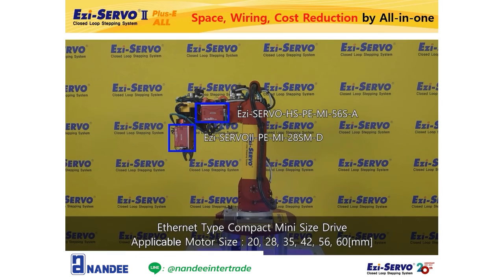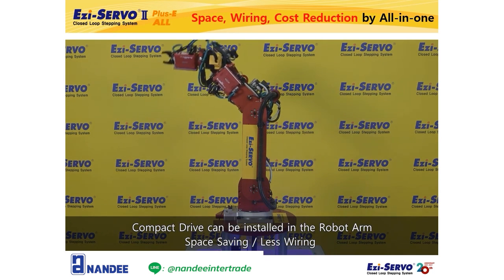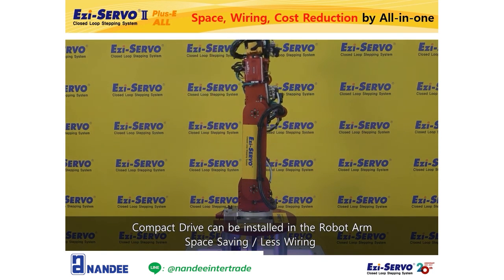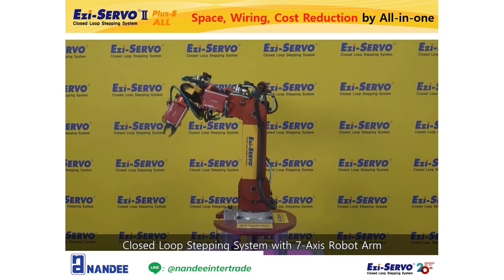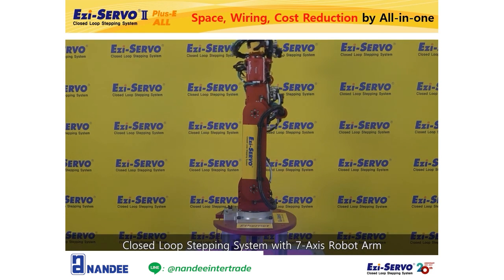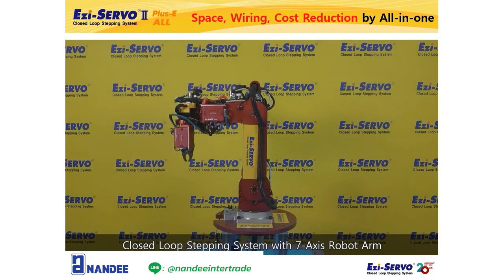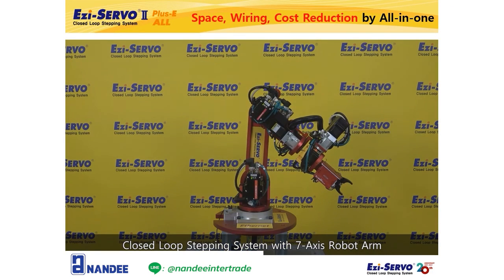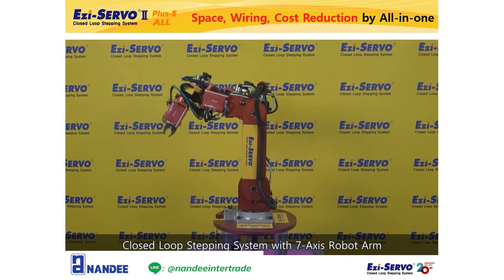In addition, Easy Servo 2 Plus E Mini is applied to 2 of the 7 axes, for the hollow axis and the gripper axis. Because the mini drive is small and lightweight, it can be installed directly on the robot body. In other words, because the distance between the motor and the drive is very close, the motor and the encoder wires would be very short, too.